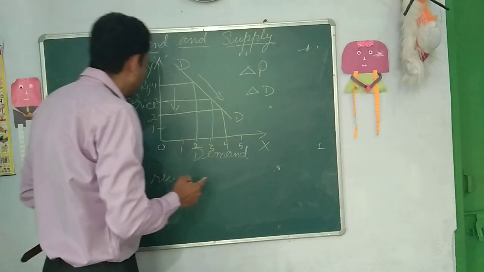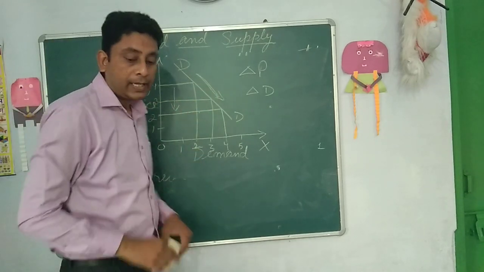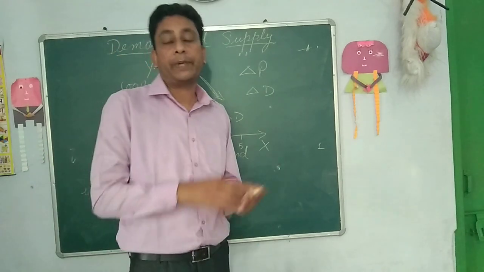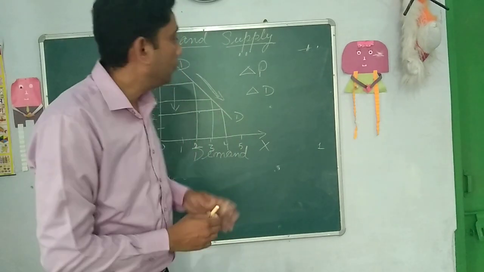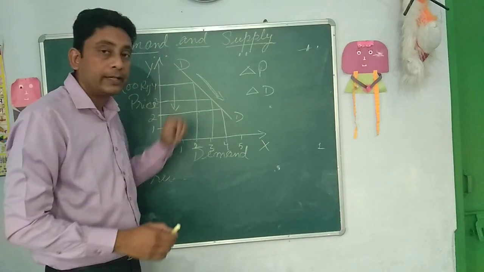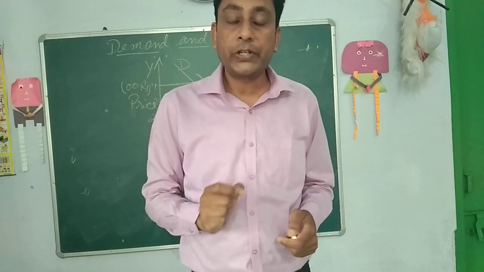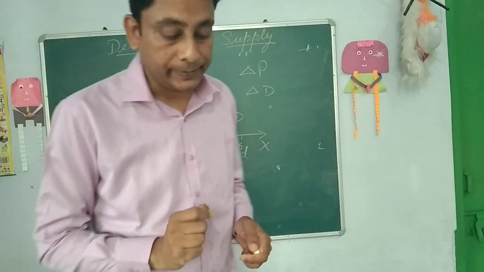So this demand curve has a relationship with the price, and it always slopes downwards towards the right. So this is the relationship of price and quantity.